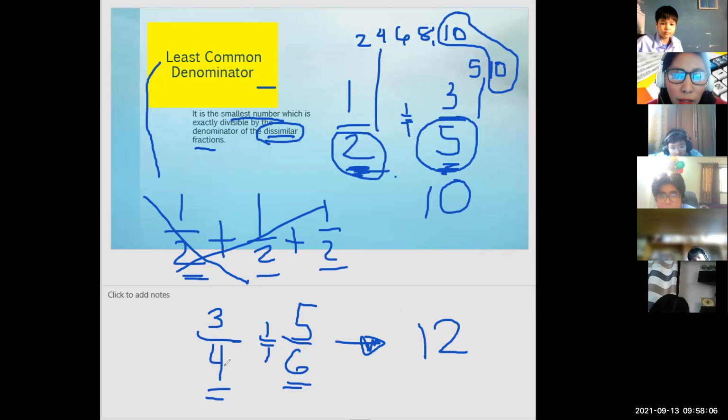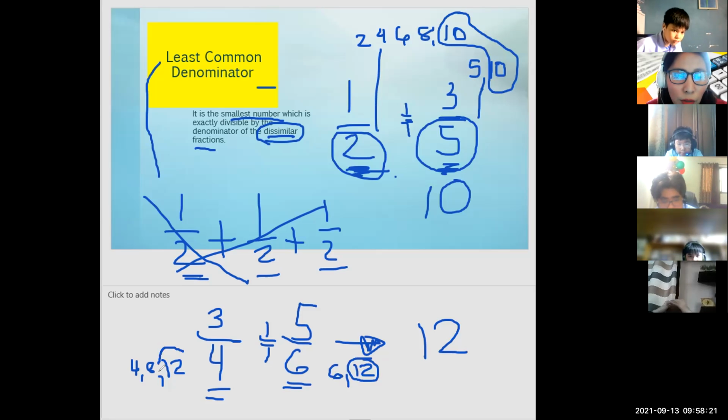Why 12? So 4, 8, 12. Next, 6, 12. The number that 4 and 6 will meet, or has in common, is 12.